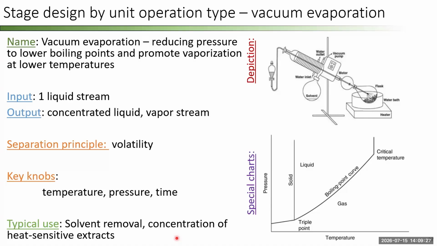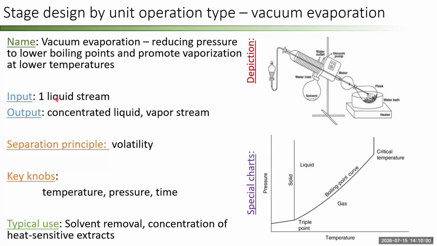Sometimes we want to get something to evaporate at a lower temperature than it might necessarily want to evaporate if we were just heating. In effect, we can pull a vacuum on it that lowers the pressure. It encourages our volatile molecules to leave solution and we can remove them.